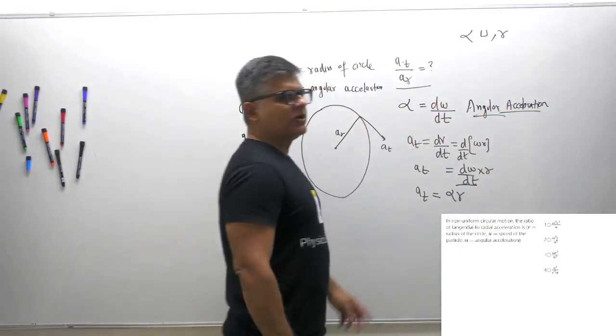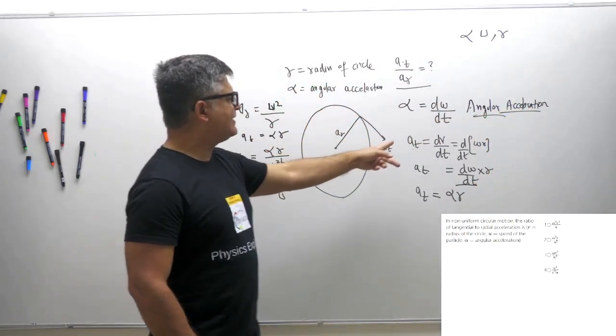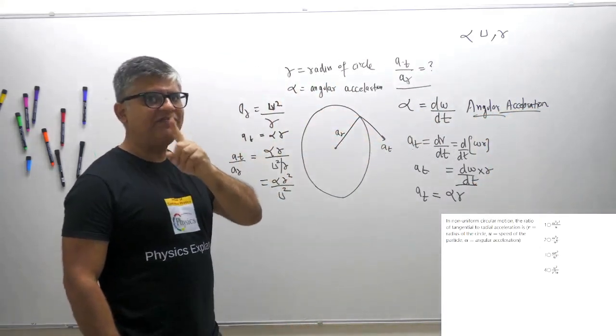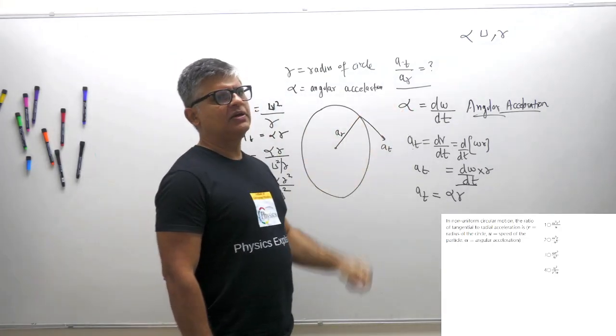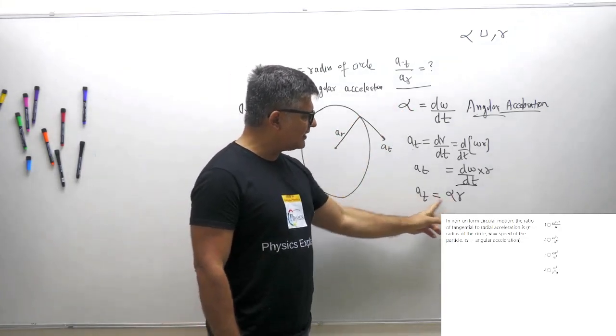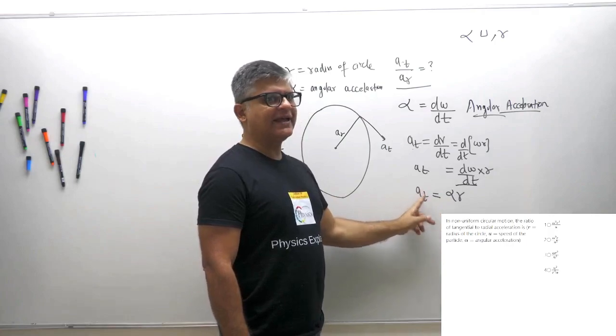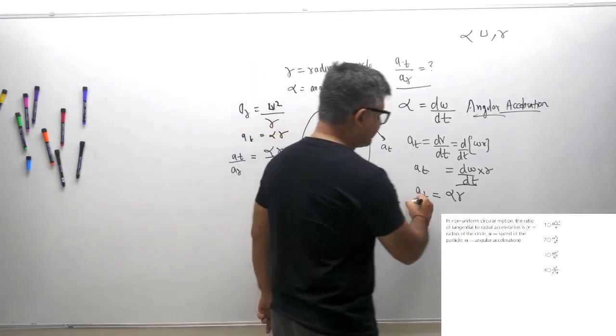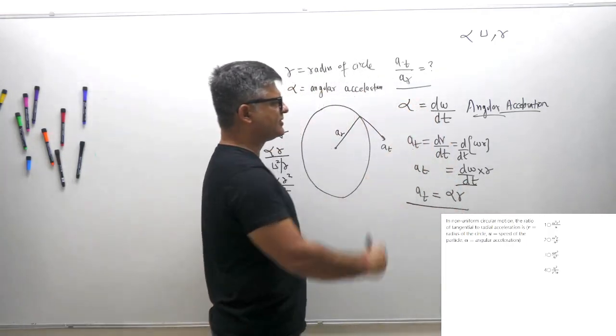So to link AT and AR, what have we used? We have used alpha. Alpha is related to AT like this. You should know this expression and how to derive it.